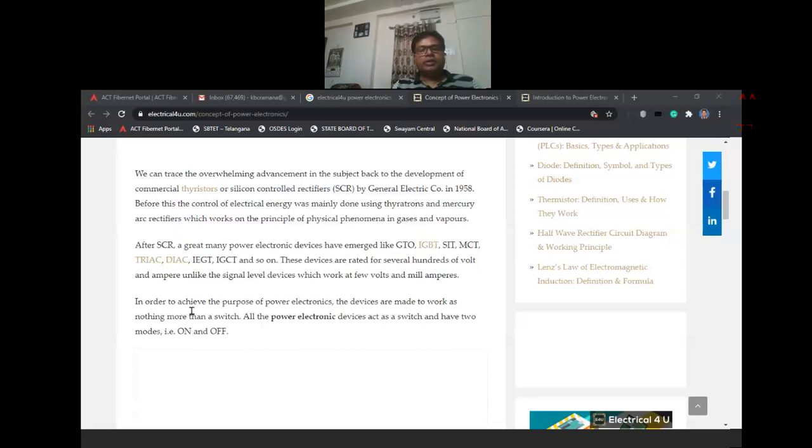In order to achieve the purpose of power electronics, the devices are made to work as nothing more than a switch. All the power electronic devices act as a switch and have two modes, that is on and off. And the total power electronics and the control mainly focuses on the working of these devices during their on position and off position.